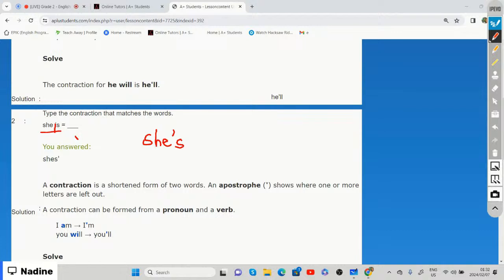So once again, a contraction is a shortened form of two words, right? And whatever letters we leave out or remove, we put an apostrophe in its place to show where that one or two letters have been removed. And once again, if you remove two letters, you don't put two apostrophes, we still just add one apostrophe just to show that a letter or letters were left out over there.